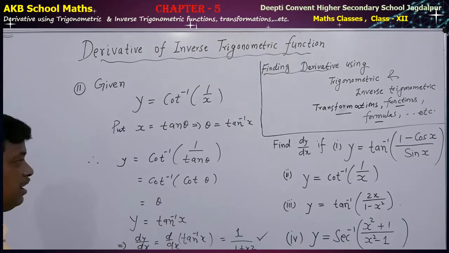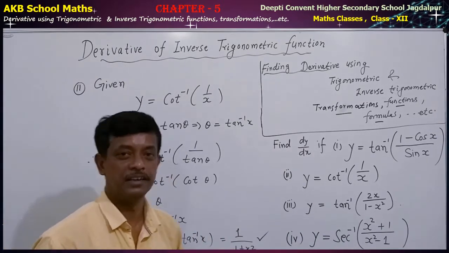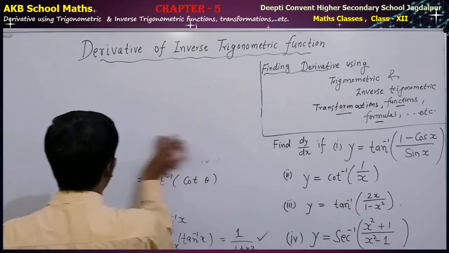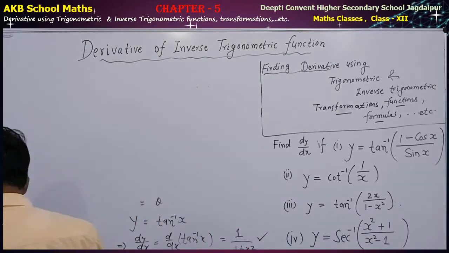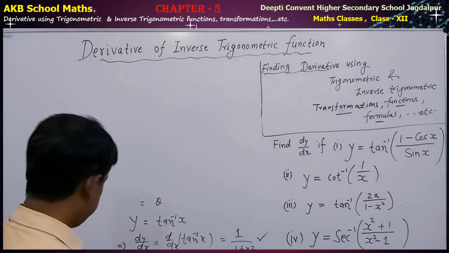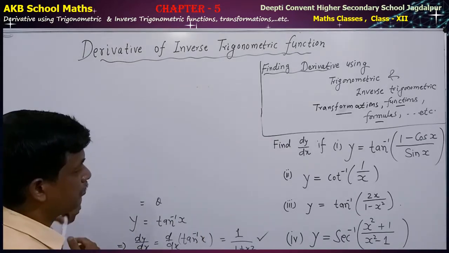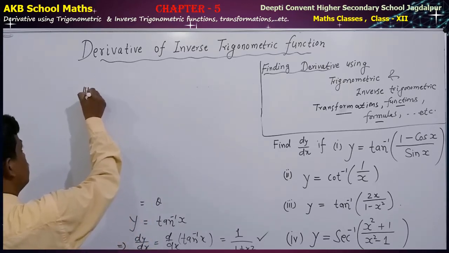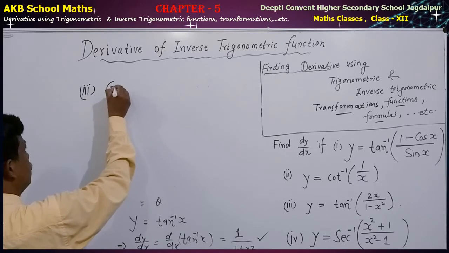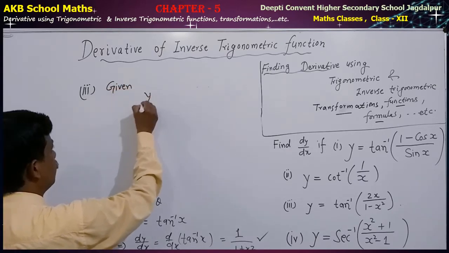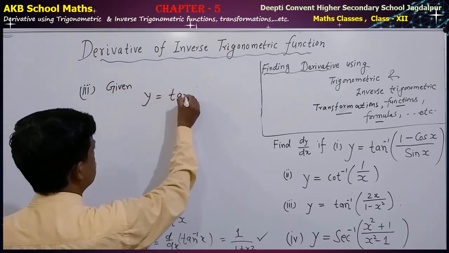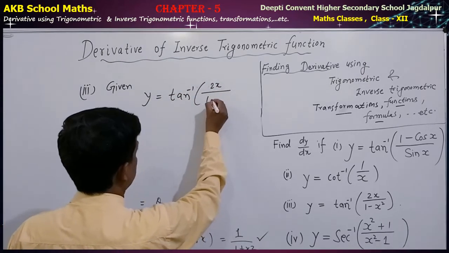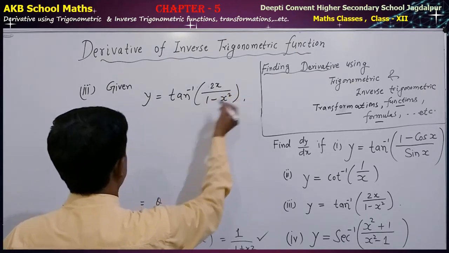Now taking the third question. What is given? Given y equals tan inverse of 2x upon 1 minus x square.